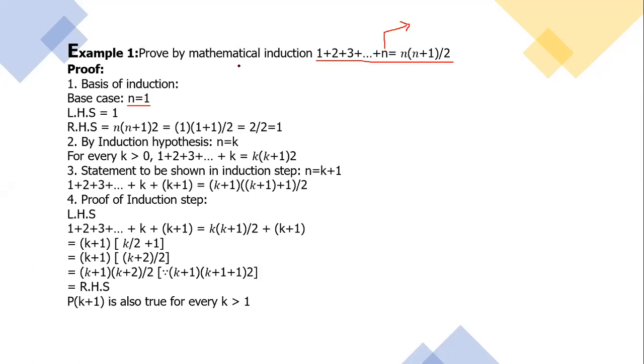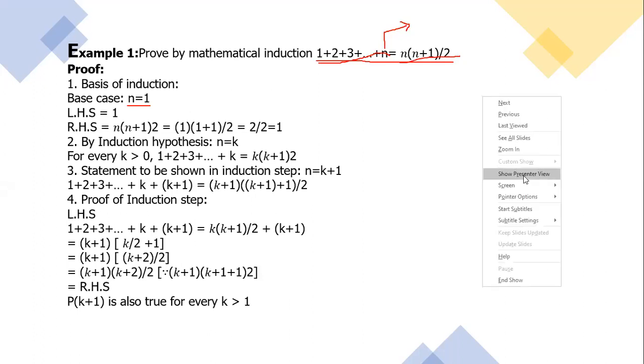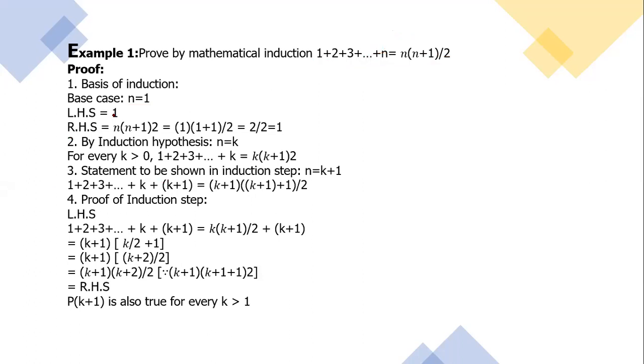Now please apply this 1 to the left hand side. This is the left hand side, right? And this is the right hand side. So apply the value 1 to the left hand side and tell me the answer. 1, ma'am. Okay, so the left hand side is 1.